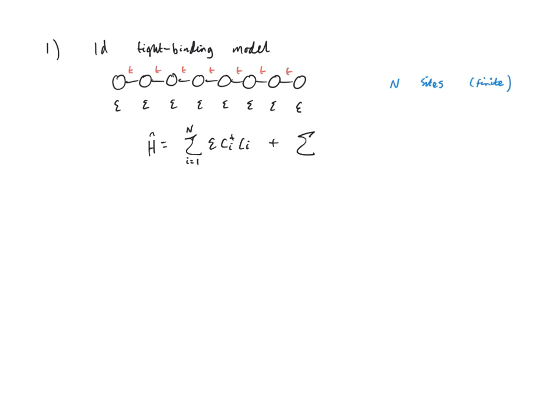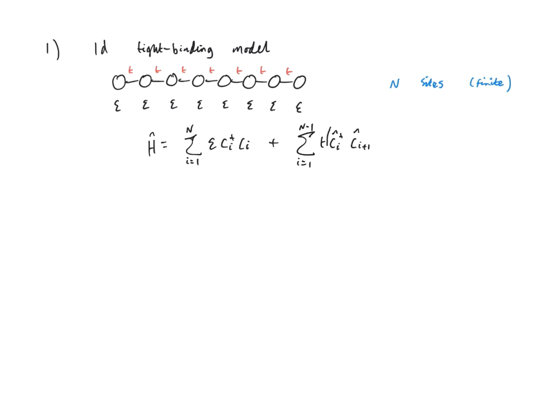And then I have the term which tunnels electrons between neighbouring sites. And here I sum from i equals 1 to n minus 1, and that's because I tunnel an electron from site ci to site ci plus 1. If I can tunnel an electron from i to i plus 1, I must also allow the electron from i plus 1 to tunnel back to ci.